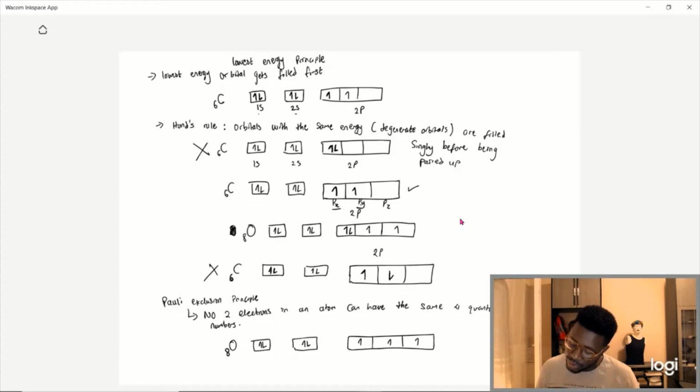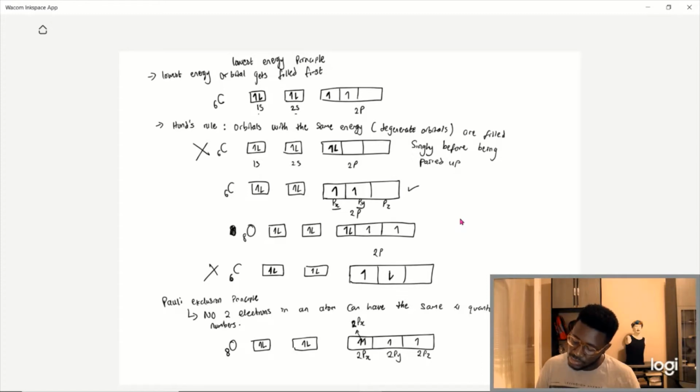If you're going to pair up this here, you cannot also make it go up, because if this is up and this is up here, they are both having the same spin. So that means for this electron, it has 2px, right? 2px, this is 2py, 2pz.